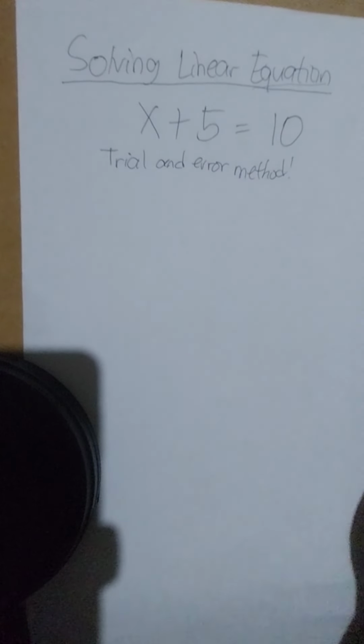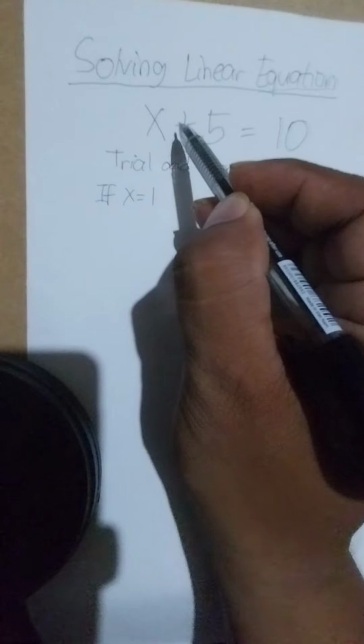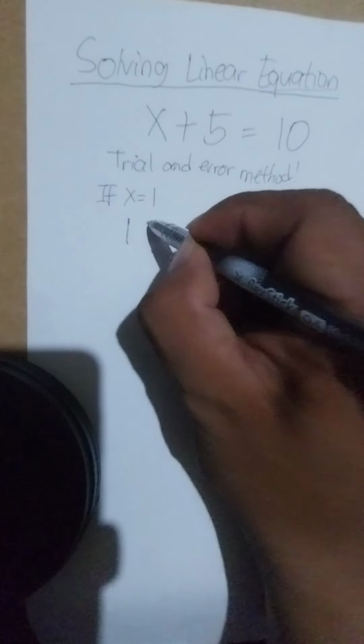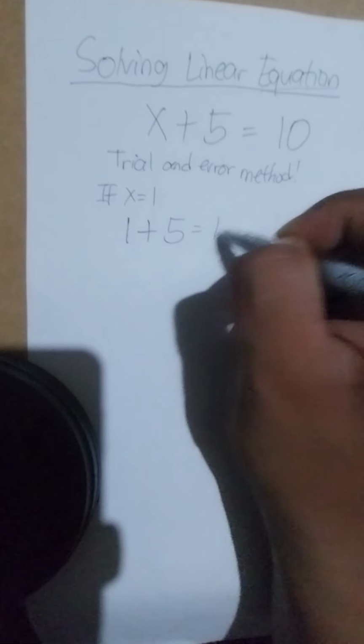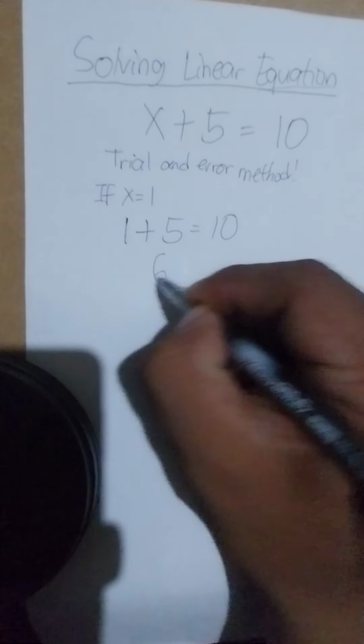So let's check this one. Let's say the value of x is equal to 1. Is the equation equal? Let's substitute this value. Instead of writing x, we are going to put the number 1: 1 plus 5 equals 10. 1 plus 5 equals 6.